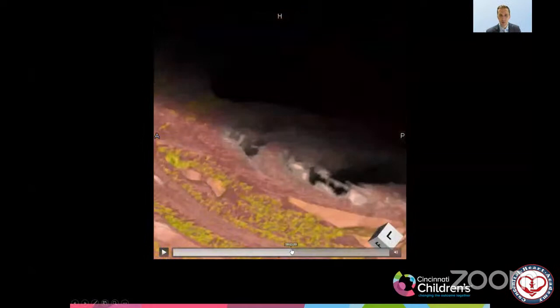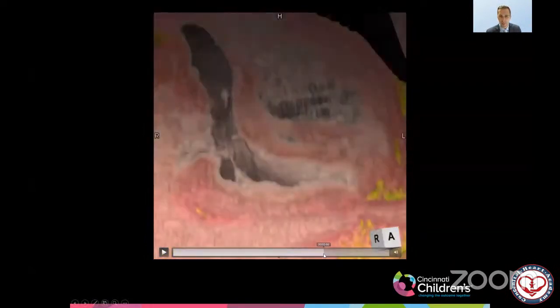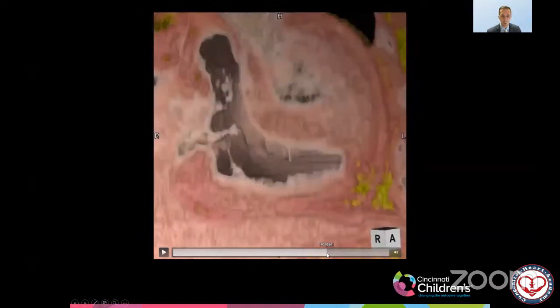And then a little more difficult because of the heterogeneous contrast opacification, but now if we rotate into that anterior and rightward ventricle, that is the morphological left ventricle, we can appreciate the smooth septal surface. There's unopacified blood coming up from the IVC mixing with the superior caval vein, but this is the mitral valve and the atrioventricular junction.